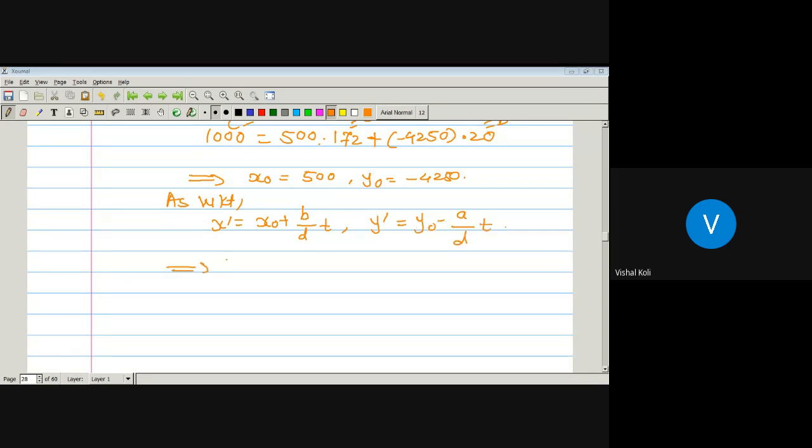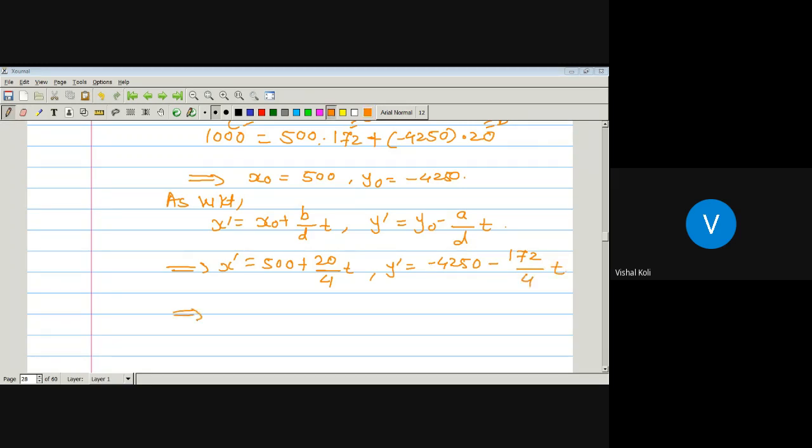Just put the values of x0, b, d. We get x dash as x0 is 500 plus what is the value of b? B is nothing but 20 divided by d. D is GCD, which is 4, into t, comma y dash is nothing but y0 is minus of 4250 minus a, which is 172 divided by d, which is 4, into t as it is.